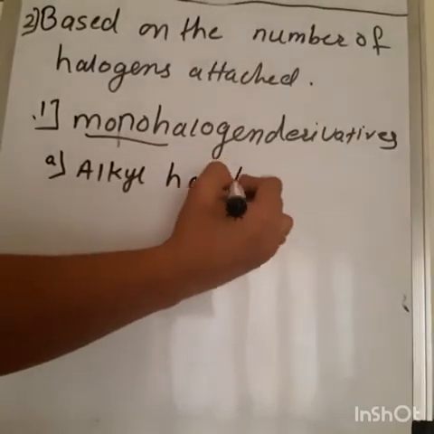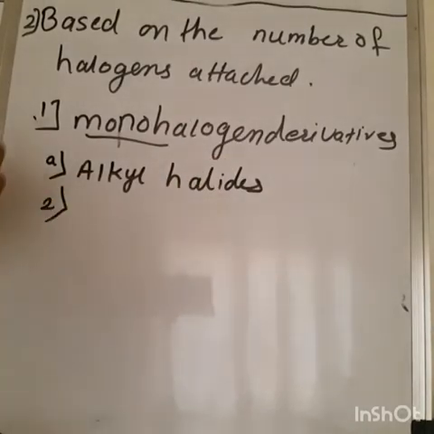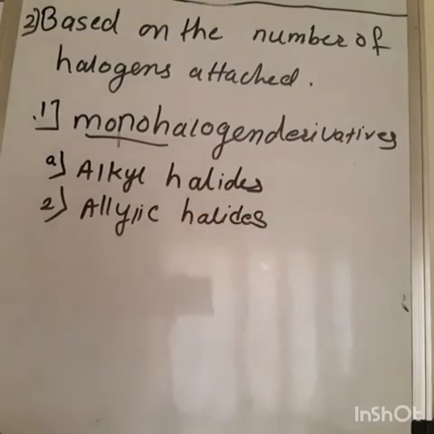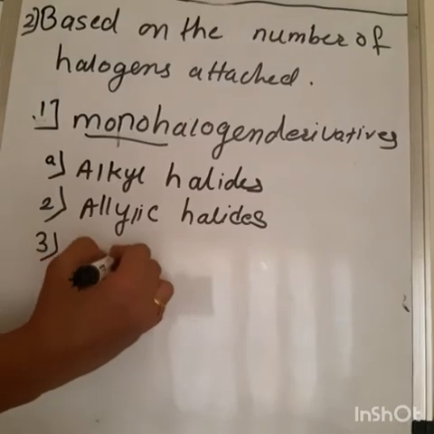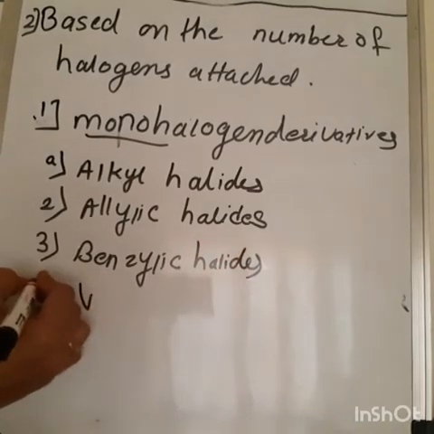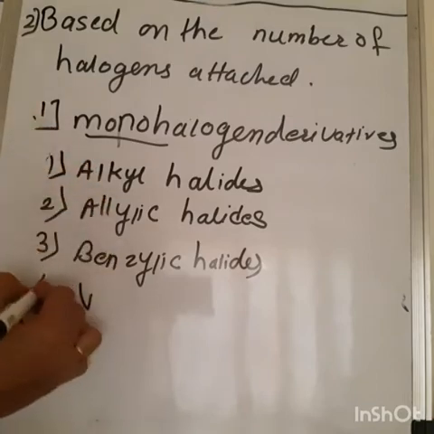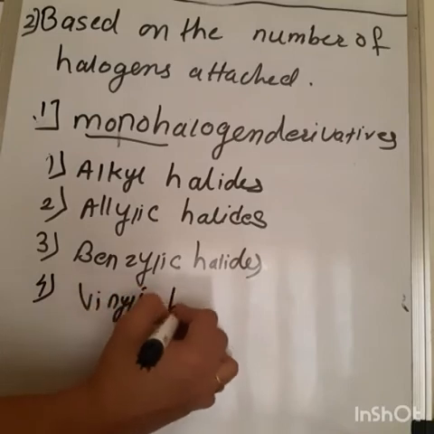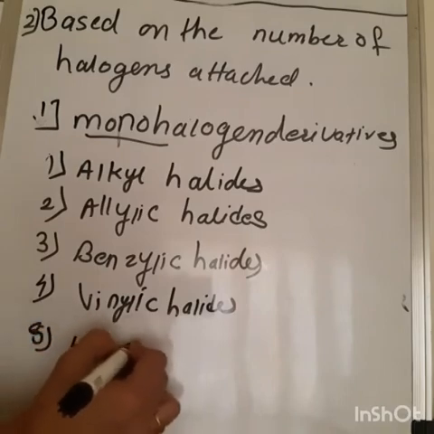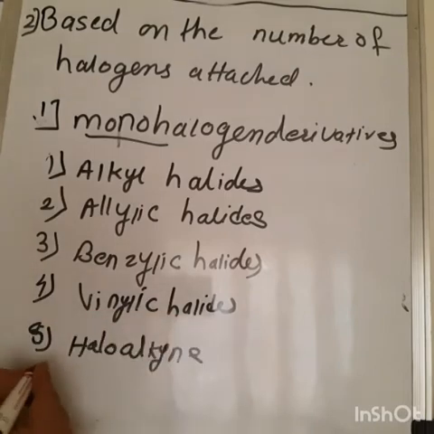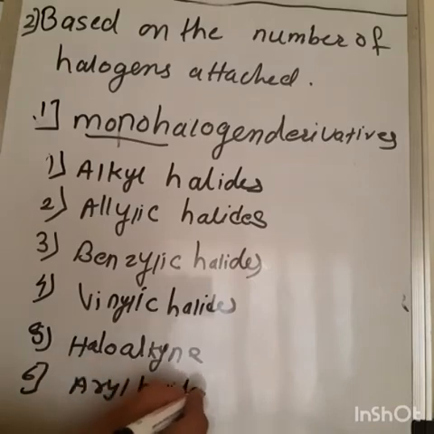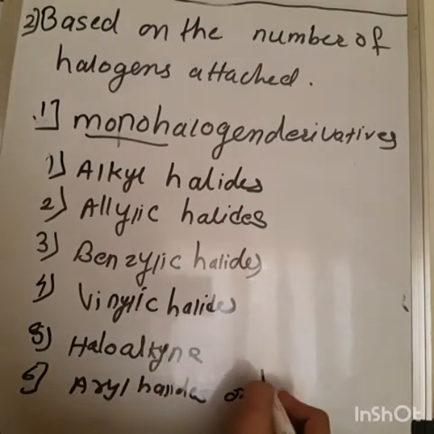Okay. So monohalogen derivatives are further classified as alkyl halides, allylic halides, benzylic halides, vinylic halides, haloalkyne, and the last one, aryl halides or haloarenes.